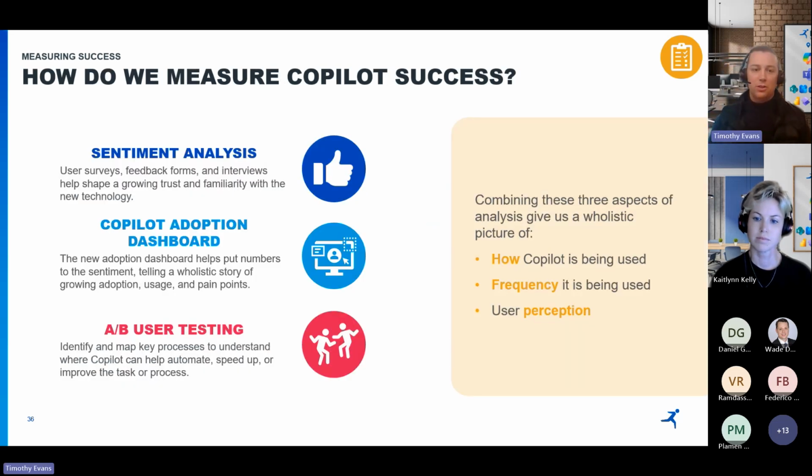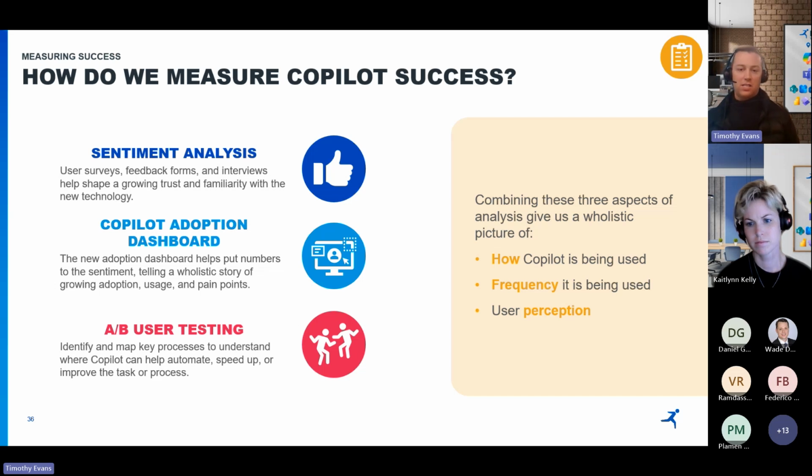So how exactly do we measure success? We measure Copilot success in three different ways: through sentiment analysis, like I mentioned, the Copilot adoption dashboard, and A/B user testing. So all three of these really allow us to paint a holistic picture of how successful Copilot has been in our adoption campaign or in our implementation.